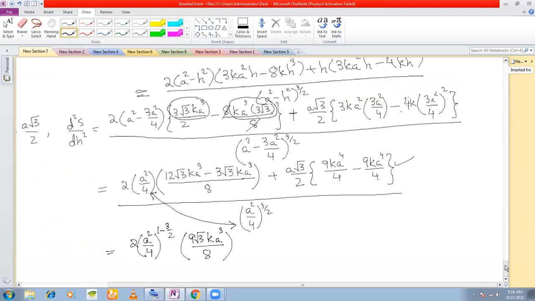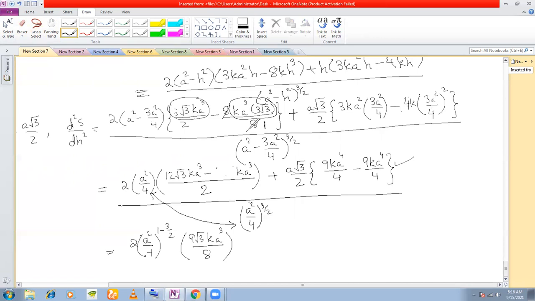Okay. Let me just check once again. Okay, 8 and 8 are cancelling here, right? So this is also another mistake that I have made. 3 root 3 k a cube minus, this will be simply 3 root 3 k a cube. If you take now the LCM, it will not be 8, the LCM will be 2, because this denominator is 1, isn't it?